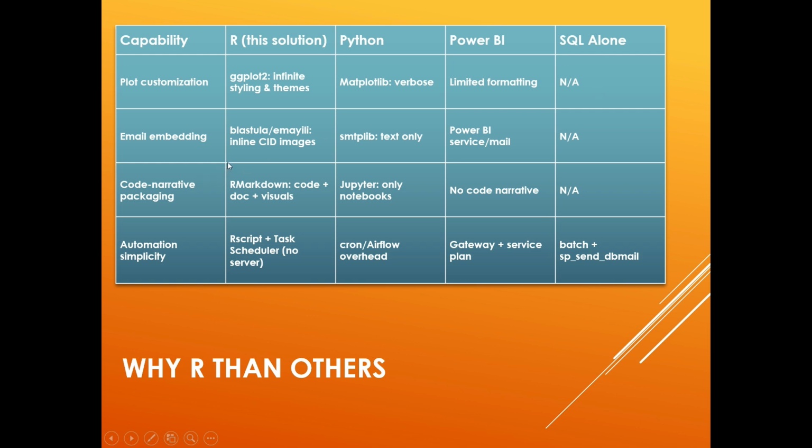Then we have code narrative packaging. R Markdown combines the code, commentary, and visuals, and documents plus visuals are there.